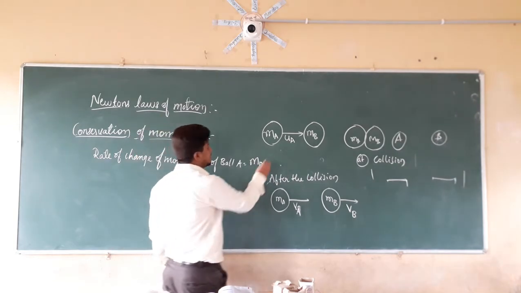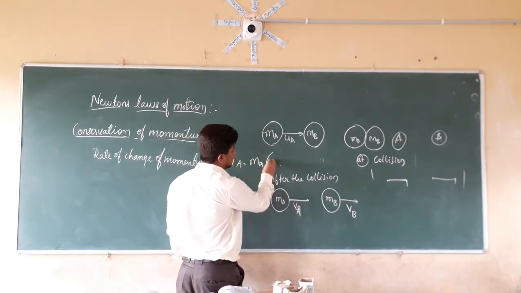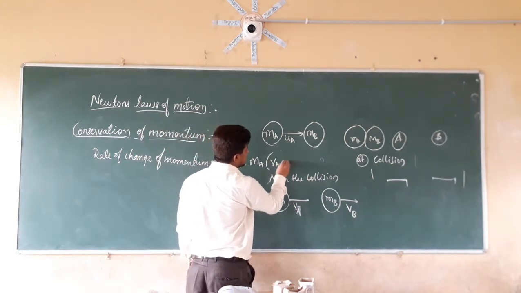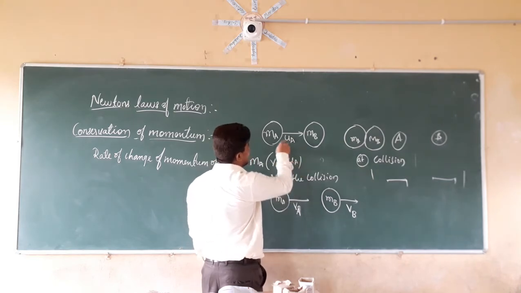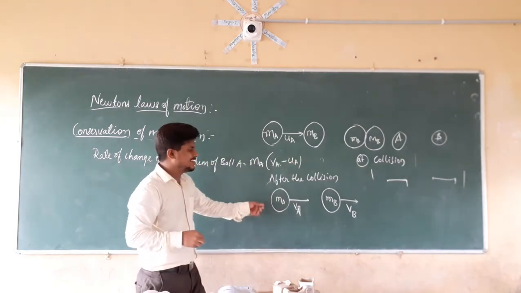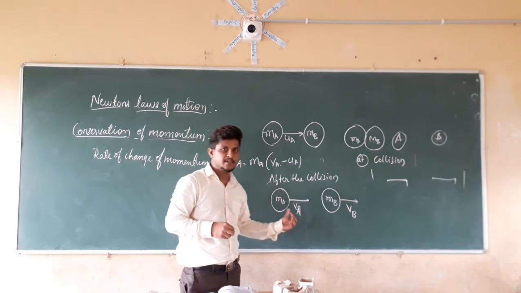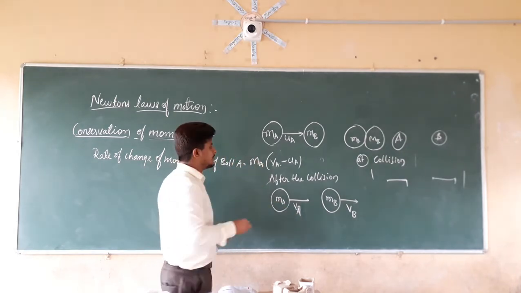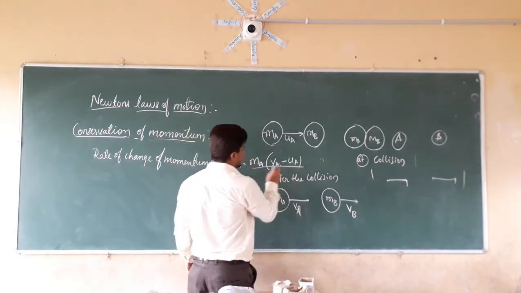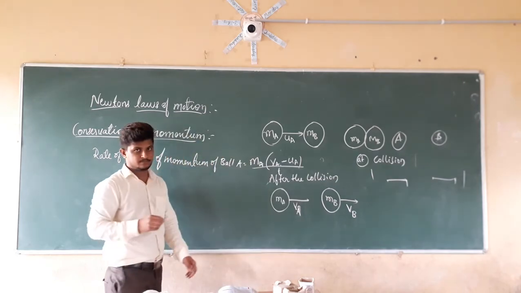And what is the change in the speed of that ball? That is nothing but VA minus UA. Initially it is having the speed of UA. After collision it is having the final speed VA. So MA times (VA minus UA) divided by the time taken, T.